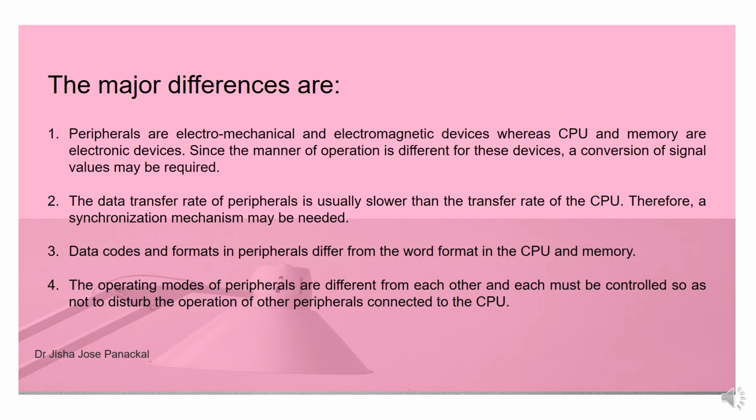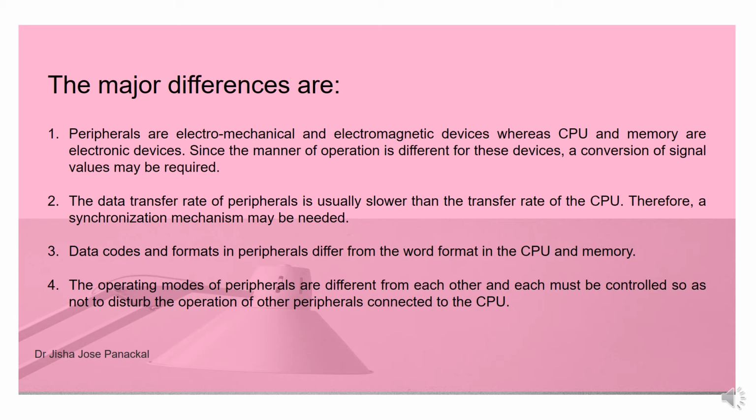Since the manner of operation is different for these devices, a conversion of signal values may be required. That is the main reason we go for interfacing. The second difference is that the data transfer rate of peripherals is usually slower than the transfer rate of the CPU.